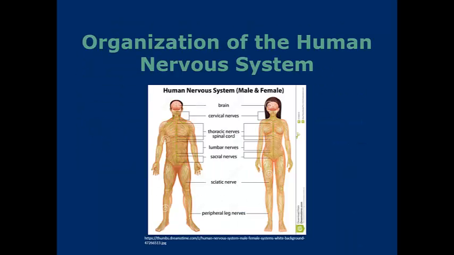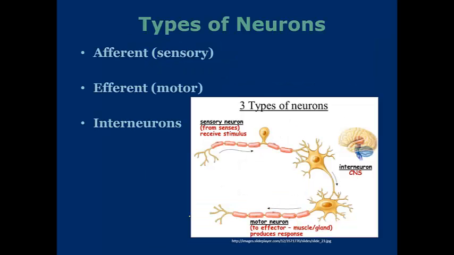Now that we've talked about how impulses are fired, we're going to go into the organization of the human nervous system in particular. Starting first with divisions of neurons. There are three types of neurons. Afferent neurons, or sensory neurons, travel to the central nervous system. Efferent neurons, or motor neurons, travel away from the central nervous system, with interneurons connecting the two.